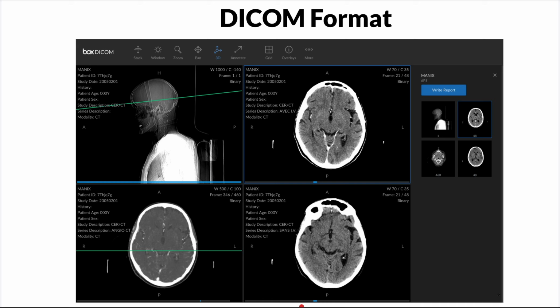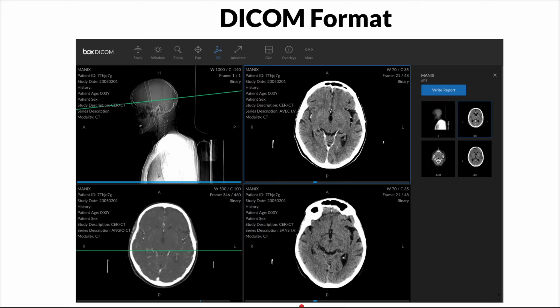Now, in medical imaging, can we also have a way to store the patient's data with the scan that we took? This is where DICOM comes in. But it's not just storing the patient's data in addition to the scan.